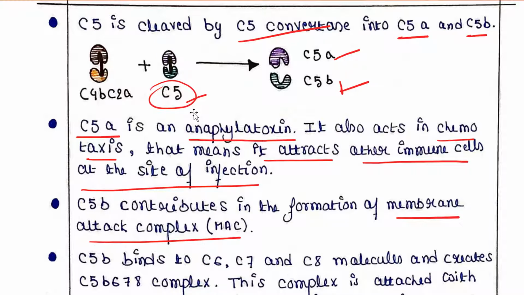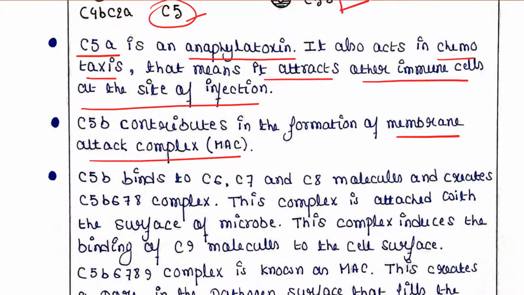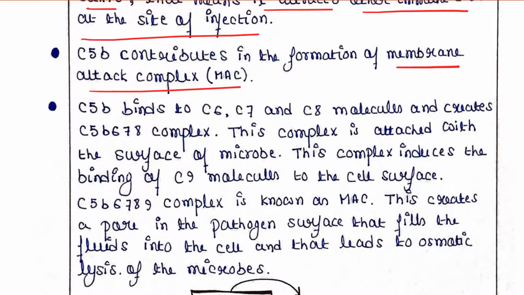Now how does this MAC form? C5b, that is released from C5, now binds to C6, C7 and C8 molecules and creates the C5b, 6, 7, 8 complex.